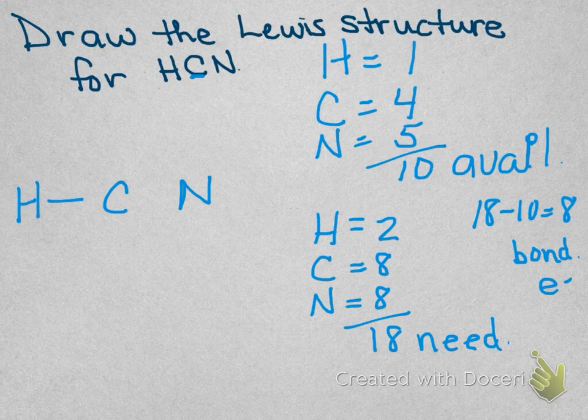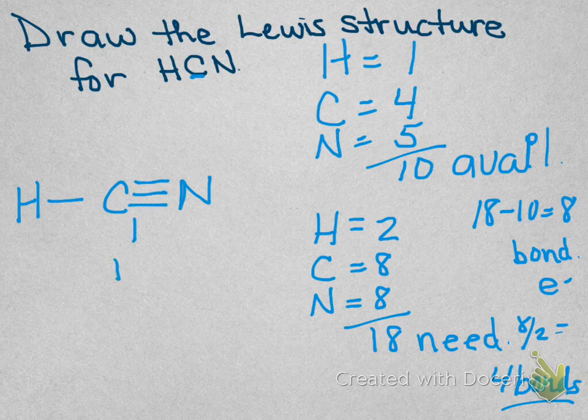If we divide that by 2, 8 divided by 2, we want to make 4 bonds. So 1 to the hydrogen. Remember, nitrogen can make 3 bonds, carbon can make 4, so we can do 1, 2, 3. This is called a triple bond. There's 6 electrons in there. So now we've got 1, 2, 3, 4 bonds in our molecule.